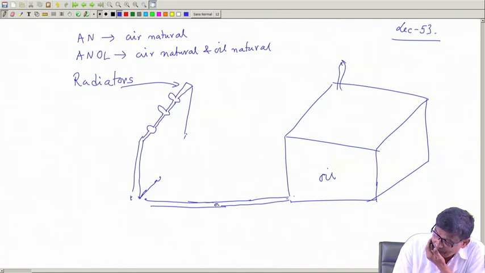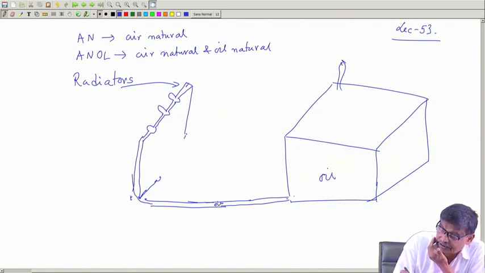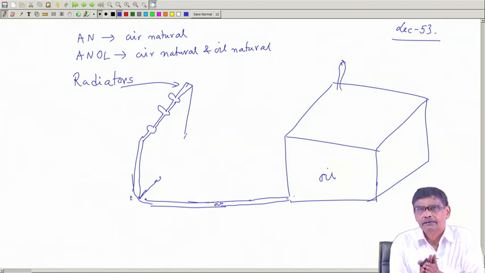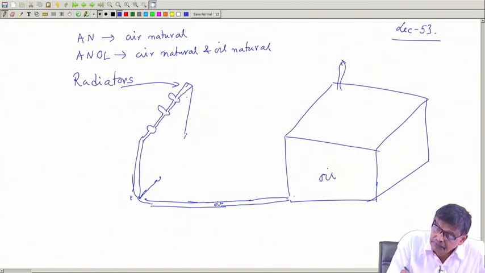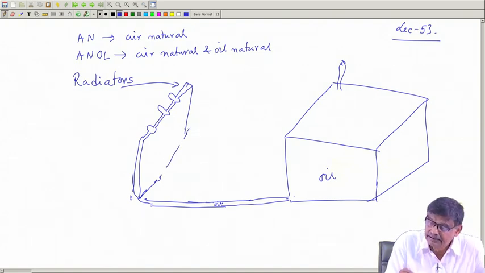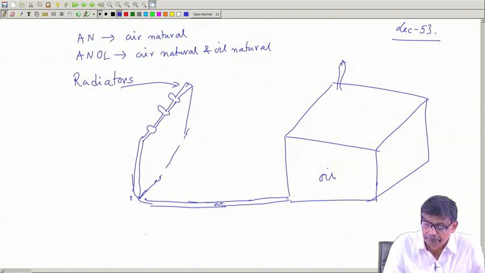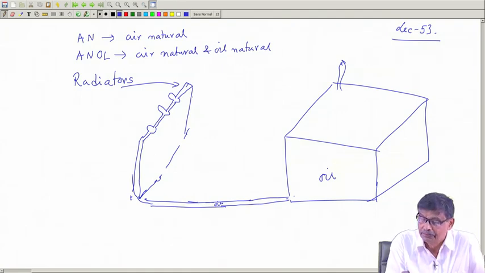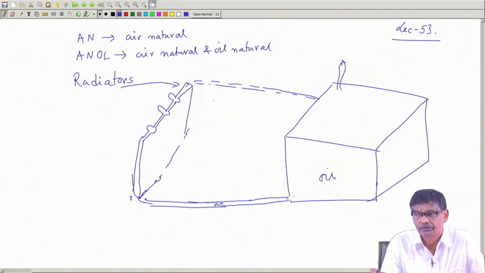Oil will fill up these plates also. These are the open space. Then oil will be pumped in, and it will once again come out to this connected here to the tank.